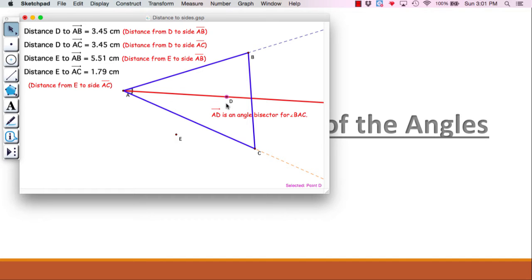Therefore, any point located on the angle bisector of an angle will be equidistant from the sides of the angle. Also, point E is only equidistant from the sides of the angle when I move it to the angle bisector.